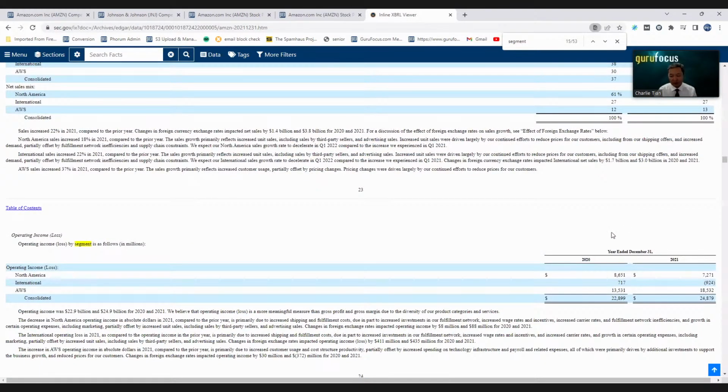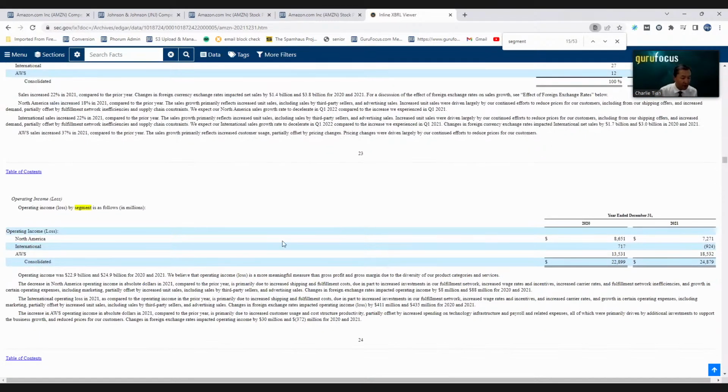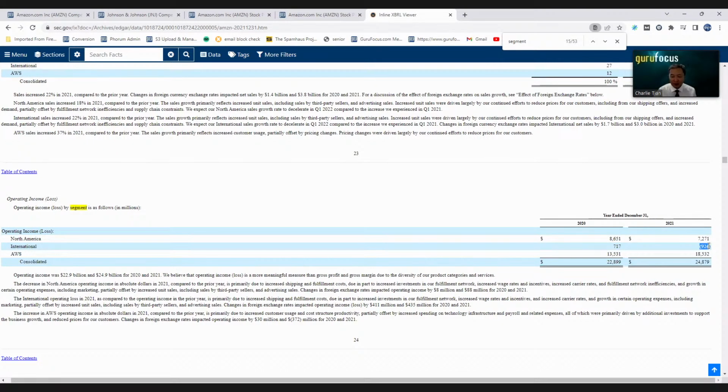You can find it right here, the operating income (loss). For North America, although the revenue was much higher, the operating income was only 7 billion. International operation was losing money for Amazon, although the sales were pretty high.